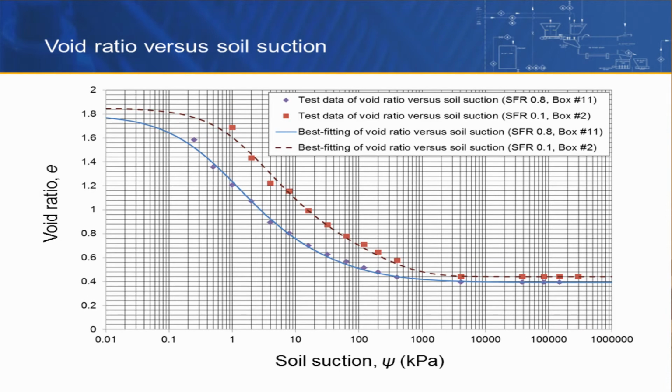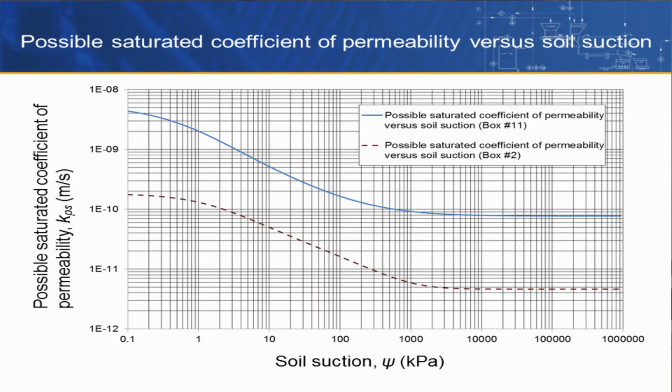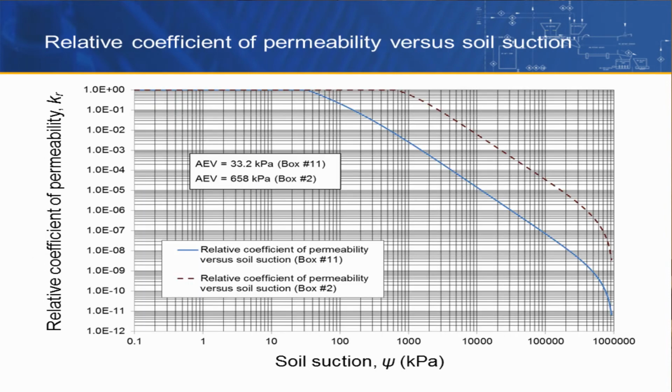And then here is the void ratio versus soil suction. It presents a huge volume change during this drying process. And here is the saturated coefficient of permeability versus the soil suction. The relative coefficient of permeability is obtained from the degree of saturation, and here is the result.